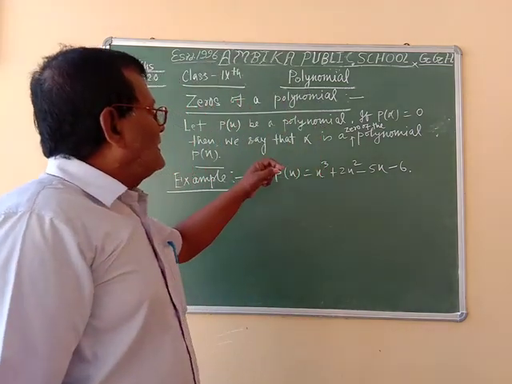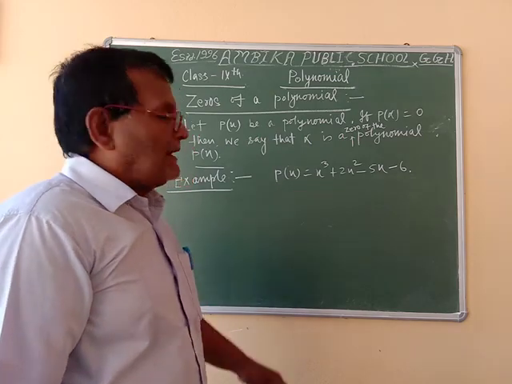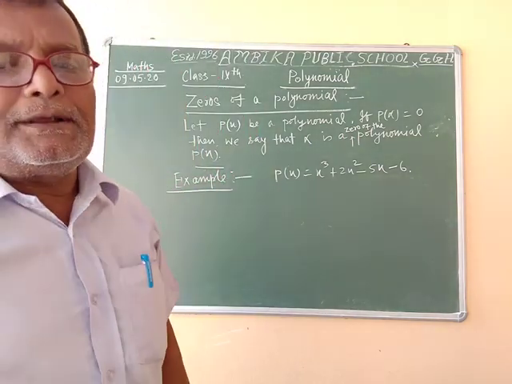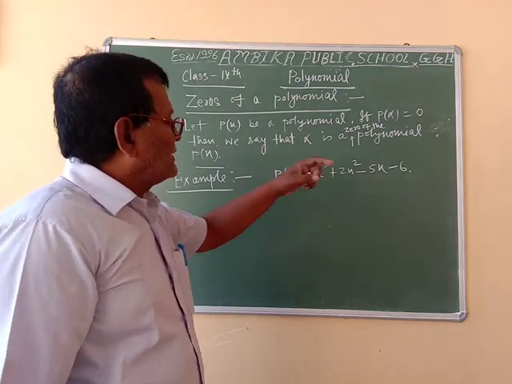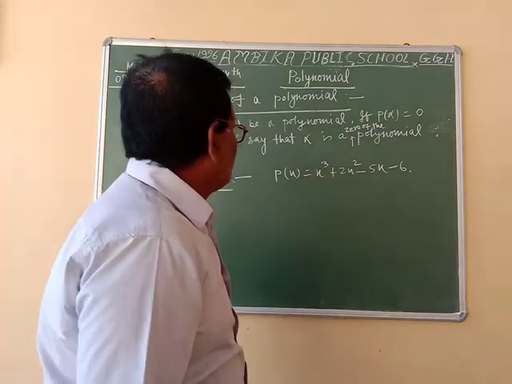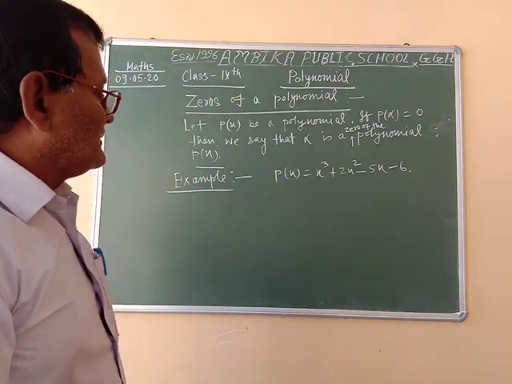You are given a polynomial P(x) = x³ + 2x² - 5x - 6. You have to find the zero of the polynomial.